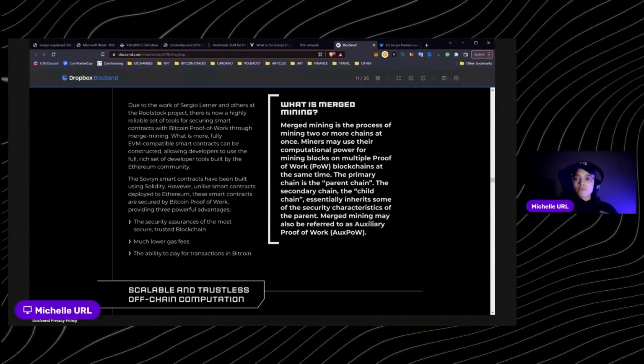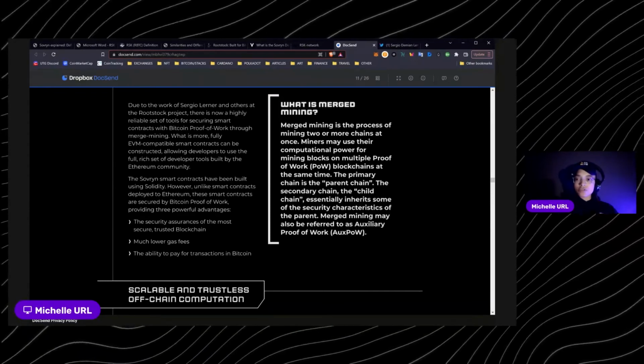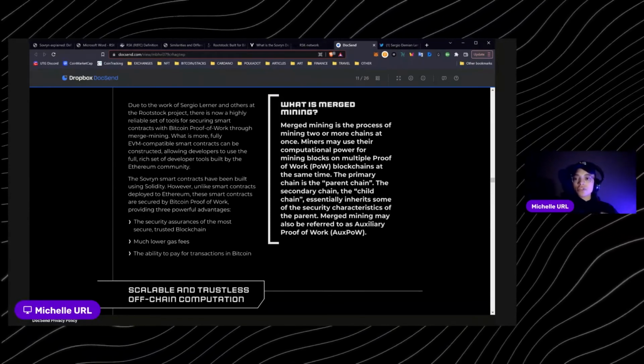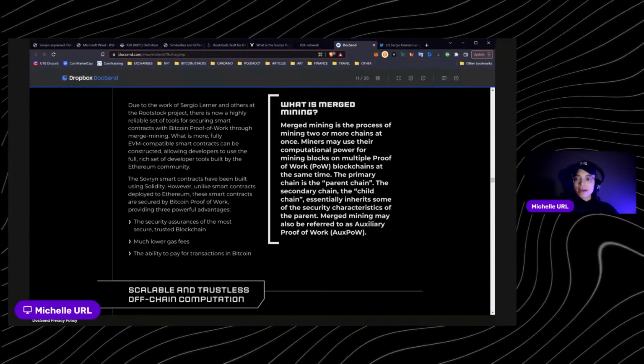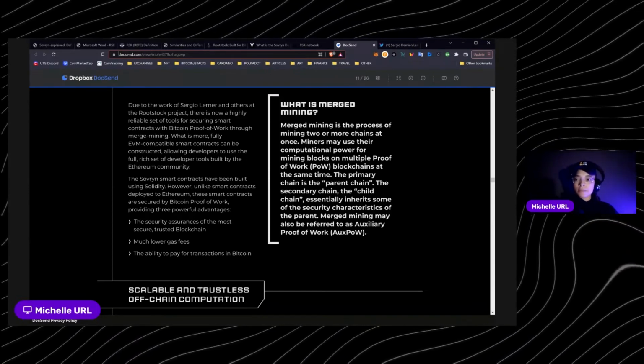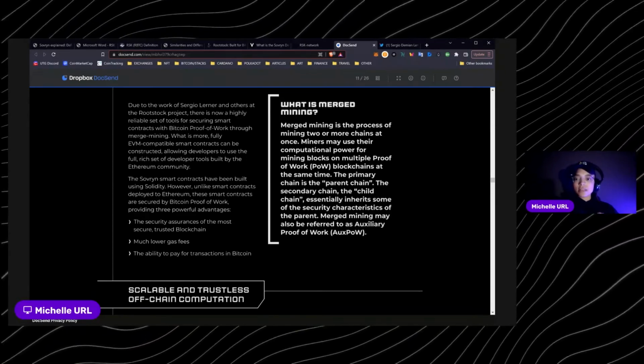What is more, fully EVM-compatible smart contracts can be constructed, allowing developers to use the full rich set of developer tools built by the Ethereum community. The Sovryn smart contracts have been built using Solidity.